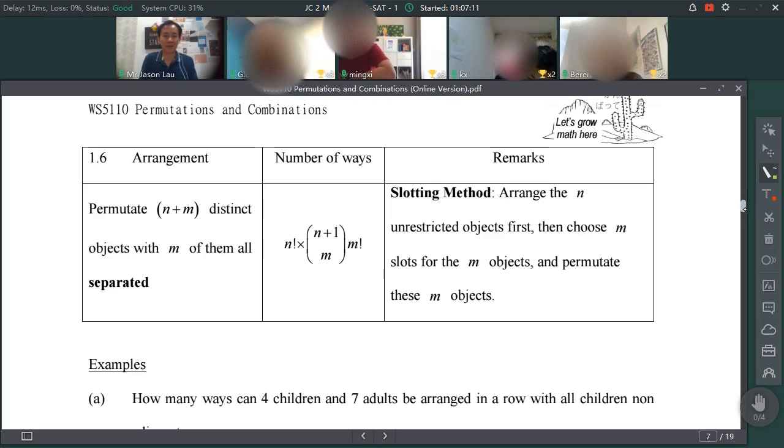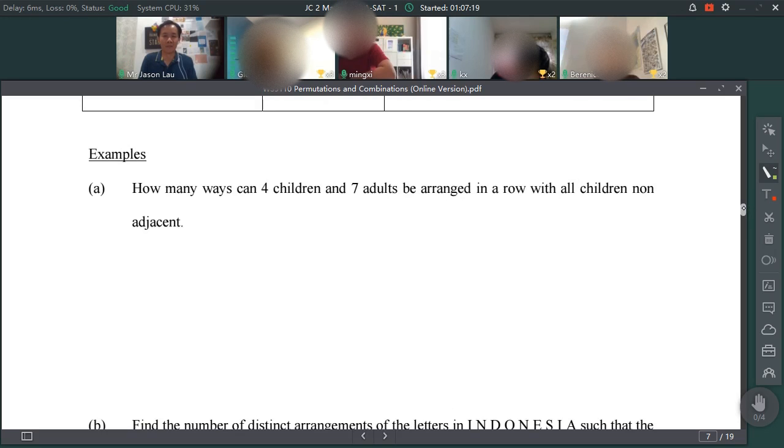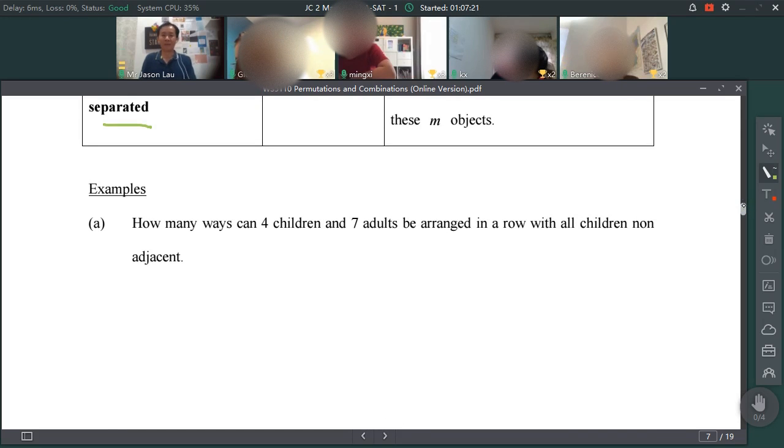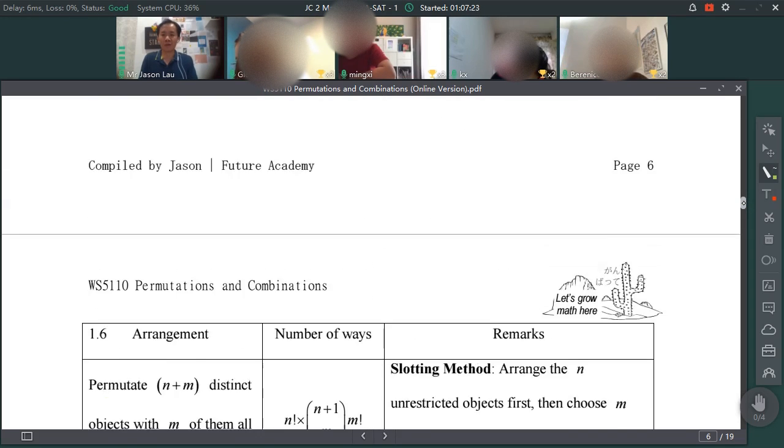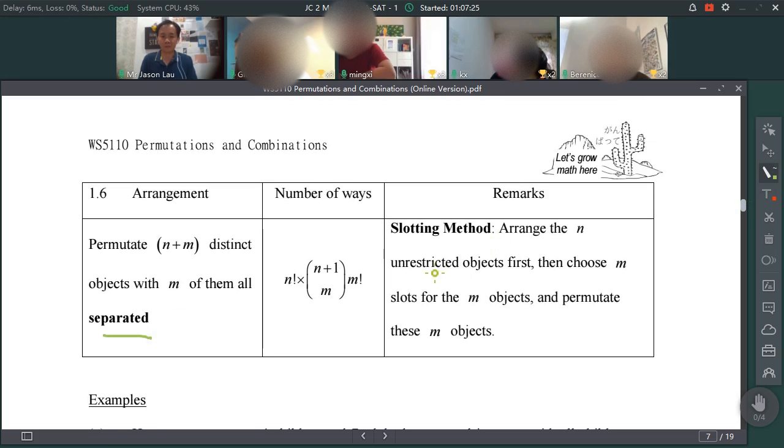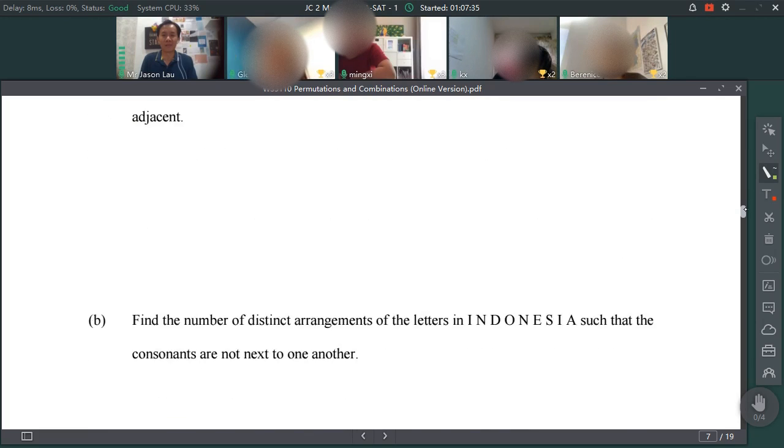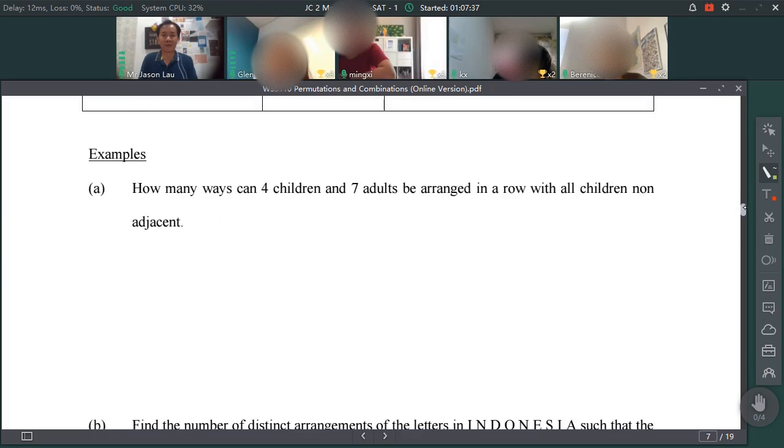It is more for separating objects that are not meant to be together. If you are going to slot, you must always put the unrestricted objects first, followed by the objects that need to be separated. The meaning of slotting is you must have something for them to slot.